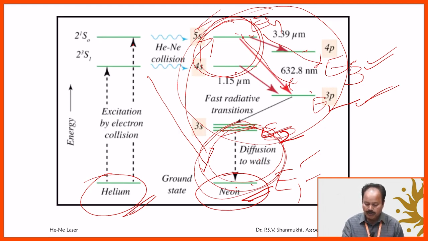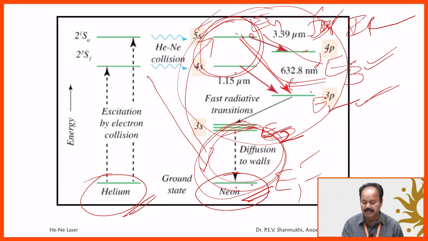Anyhow, from E4 to this state, some energy is released, that is 33,900 angstroms or 3.39 micrometers. It lies in the far infrared IR region. Similarly, from E4 to another level, this is 6328 angstroms, that is in the visible red region.